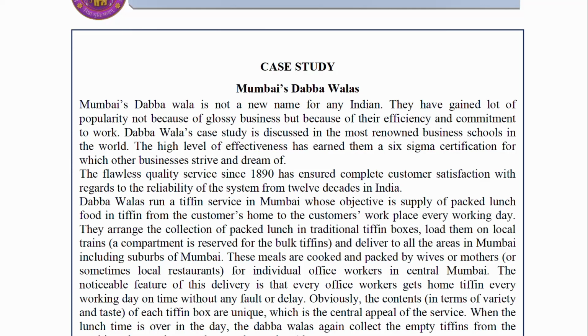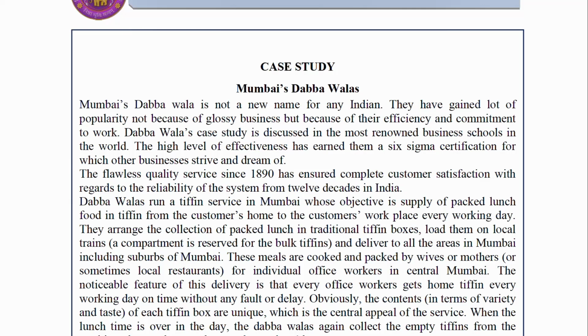The high level of effectiveness has earned them a Six Sigma certification for which other businesses strive and dream of. The flawless quality of service since 1890 has ensured complete customer satisfaction with regards to the reliability of the system from 12 decades in India.